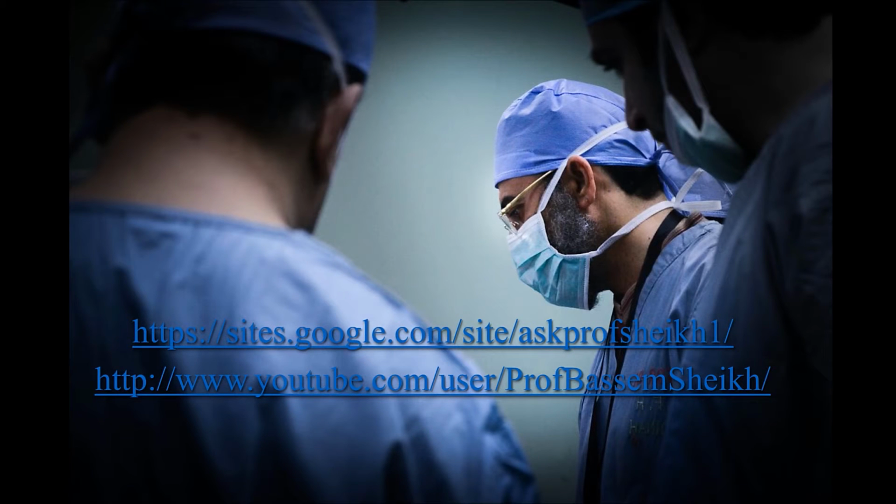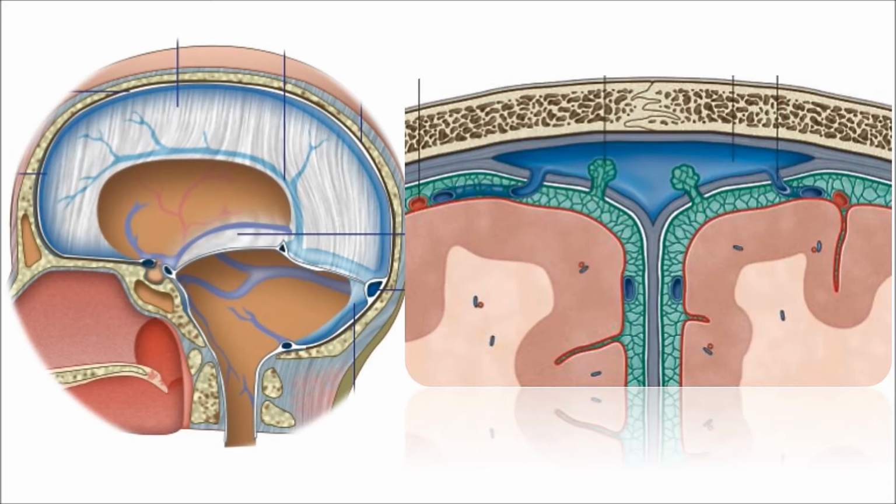So on the way out, he shot a question saying, if a dural venous sinus, and especially the straight sinus, was torn, where will the hematoma be? So I thought that instead of giving an answer on the go, I will discuss it in detail and put it on my website and the YouTube channel.